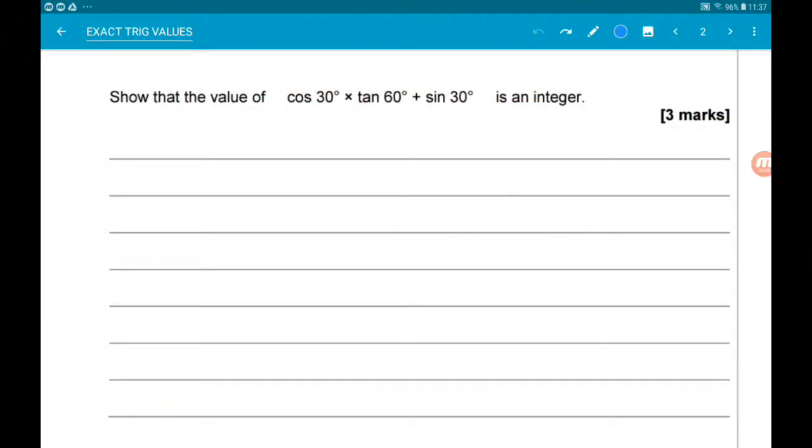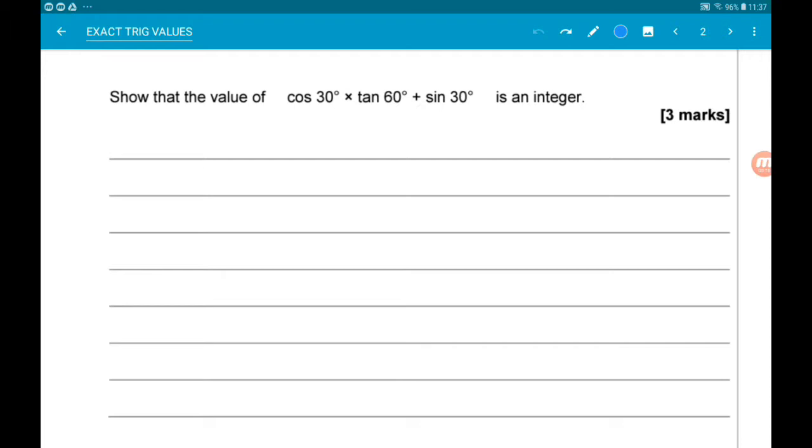Okay then, first up, we want to show that the value of cos of 30 times tan of 60 add sine of 30 is an integer. So, integer means whole number, so let's see what we get.